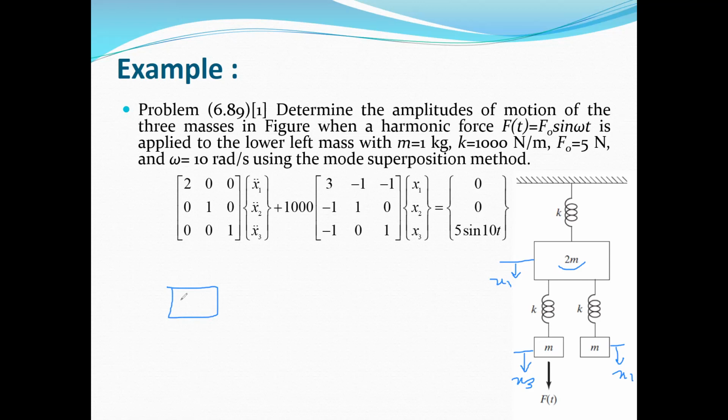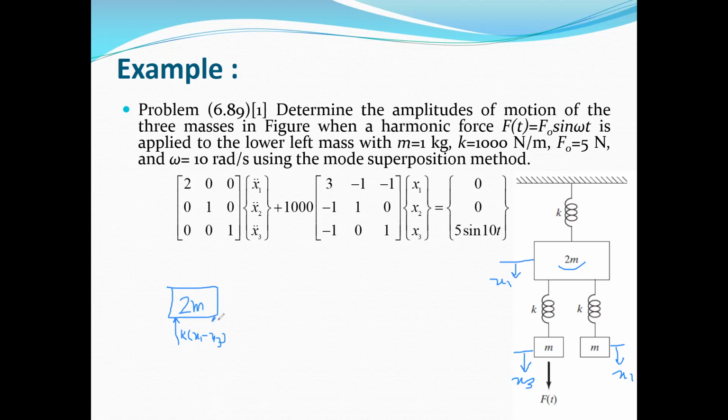We have the mass 2m. When this mass goes down in the direction of x1, we will have one force due to the spring on the left, equal to k times (x1 minus x3).